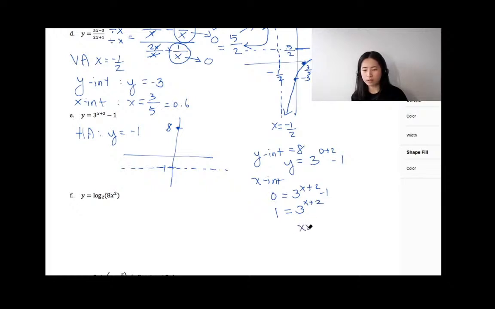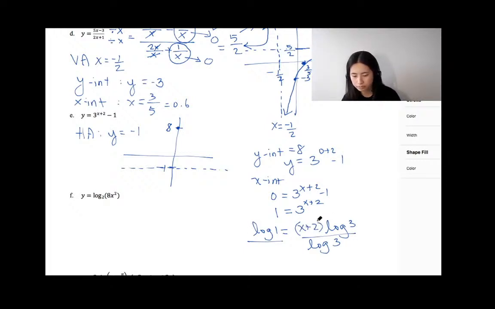You're going to have x plus 2 times log of 3. That means log base 10. Right now, I'm just going to use log base 10. It doesn't really matter. Then you divide both sides by log of 3, because you want to isolate x.